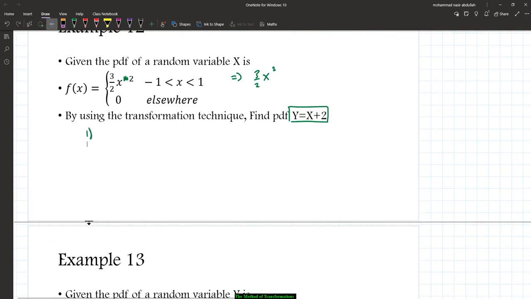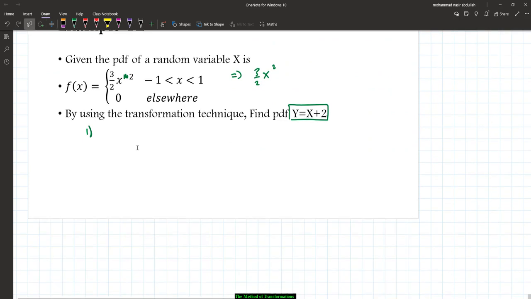First step, we need to find the inverse function. So y equal to x plus 2, so x equal to y minus 2. So this is w(y).